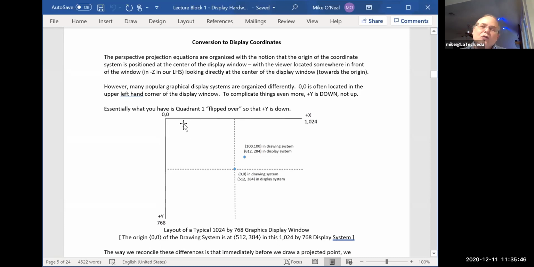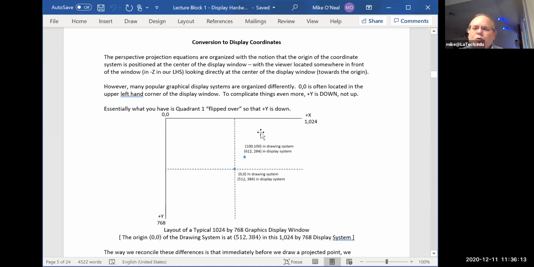Okay, so if you want to translate from drawing coordinates to rendering coordinates from a standard mathematical coordinate system, well, we would expect our origin would be in the middle of the screen, right? At least that would be, and it'd be quadrant 1. I've forgotten, do they go backwards or do they go forward? 1, 2, 3, 4, or is it 1, 2, 3?